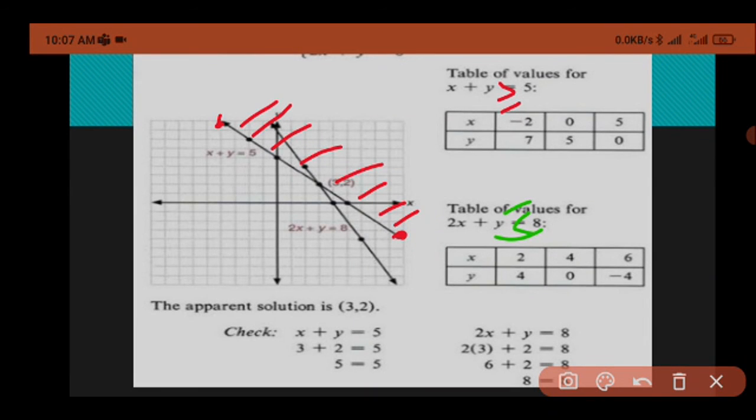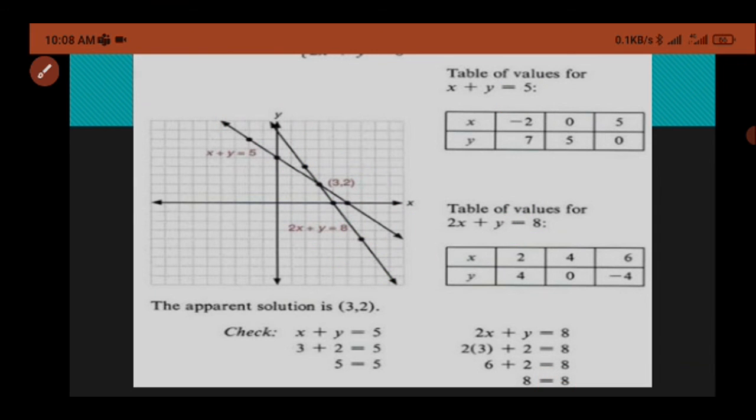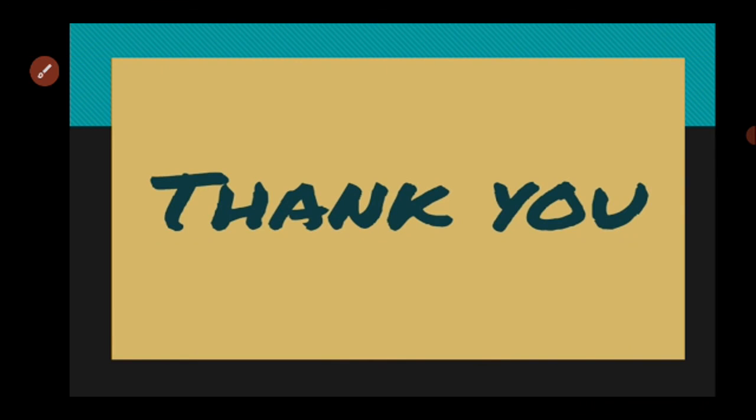So the second equation is this one. Which side will we shade? This side. So what will be the solution? The solution area will be this triangle. So this triangle is the solution area. Got it? So like this we are drawing this. Thank you very much.